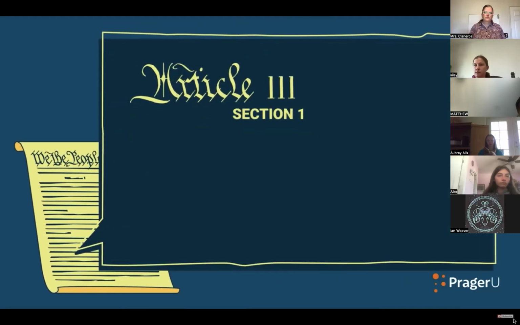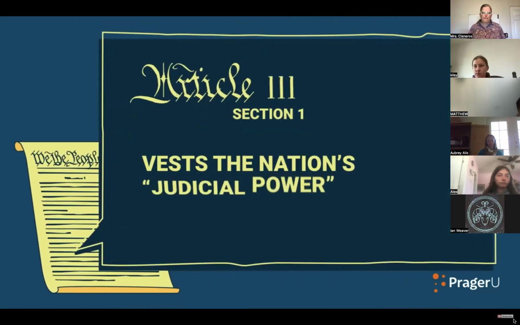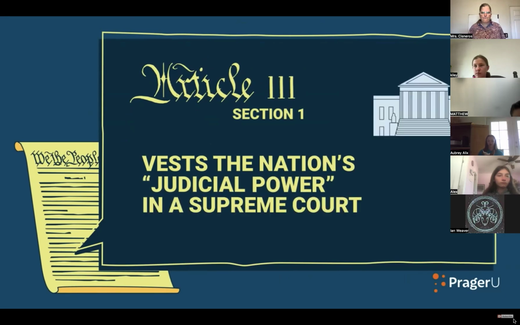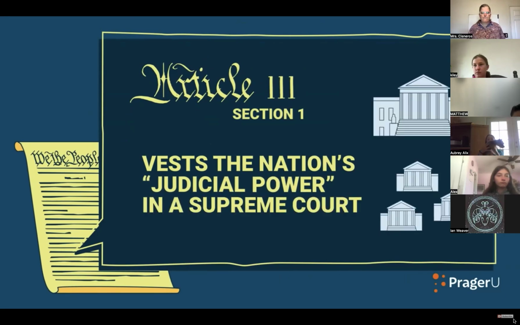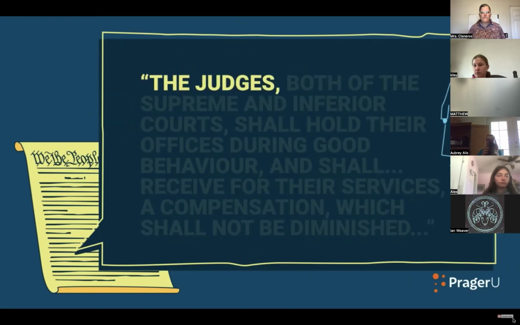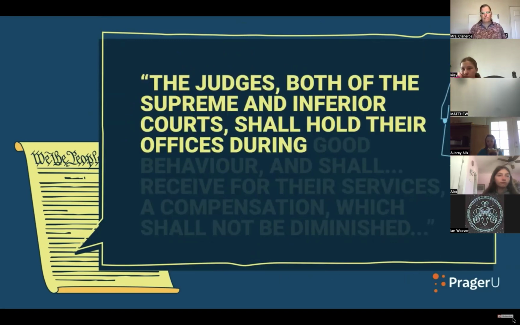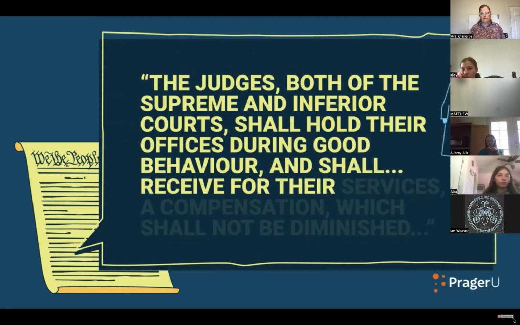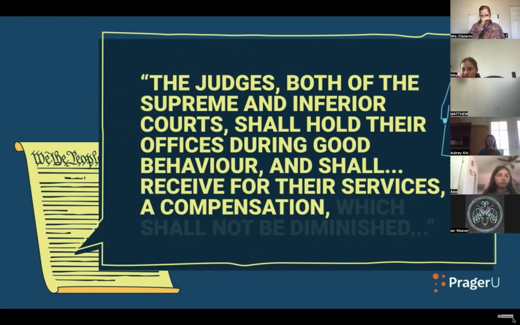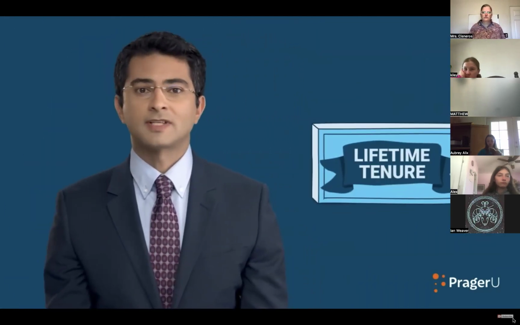Article 3, Section 1 vests the nation's judicial power in a Supreme Court and any lower courts that Congress may establish. The judges, both of the Supreme and inferior courts, shall hold their offices during good behavior and shall receive for their services a compensation which shall not be diminished. By good behavior, the framers meant lifetime tenure.